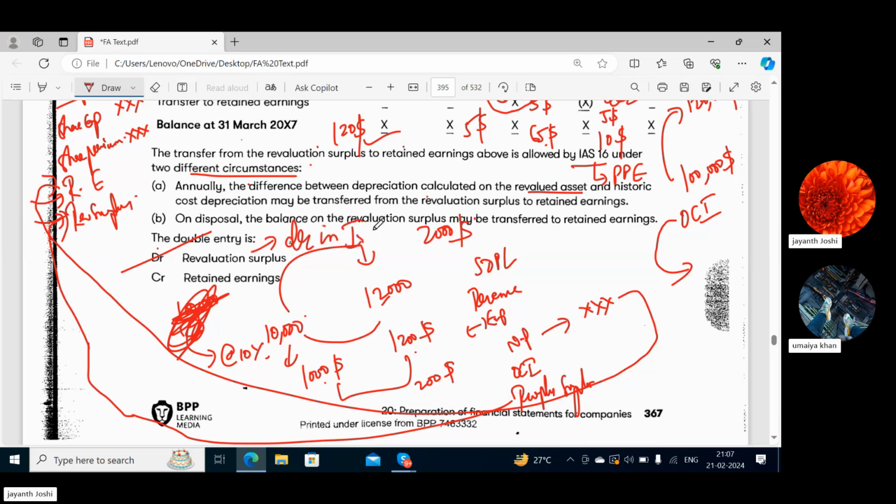Decrease in income is debit. And to which account is the money going? The retained earnings account. Increase in income is credit. So now my net profit will increase by $200 and my revaluation surplus will decrease by $200. So it is decreasing, that's why debit. It is increasing, that's why credit.